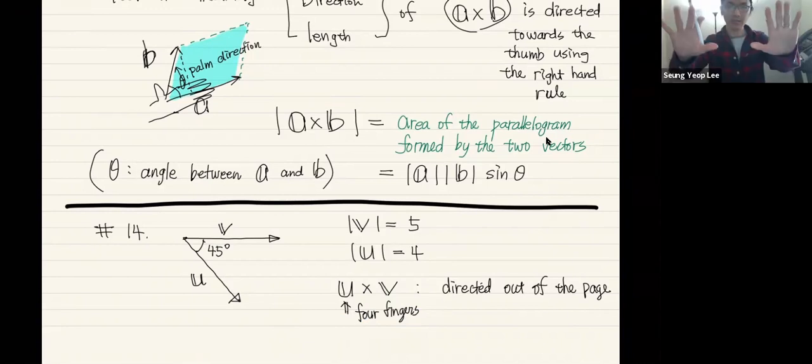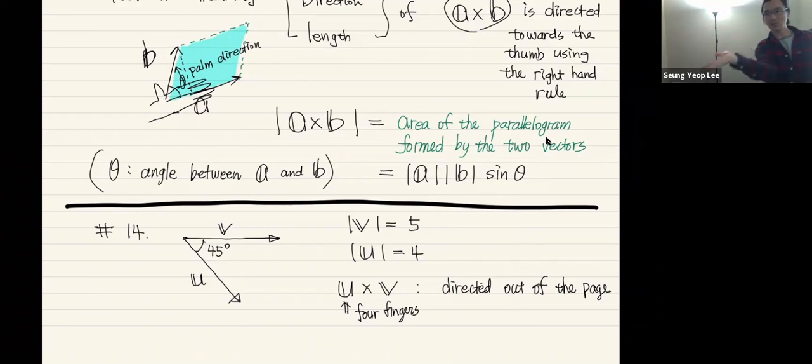If you are looking at the screen, then out of the page means going to you. Into the page means going to the screen. So u is somewhere like that, and v is towards this direction. So you place the palm over here, and the thumb is towards you.